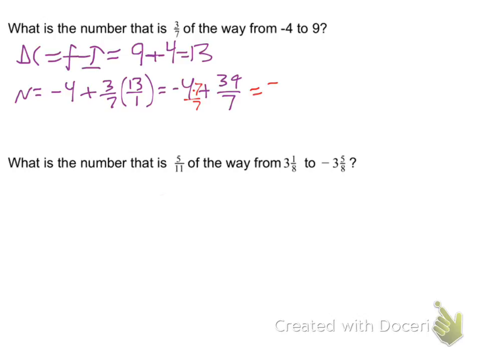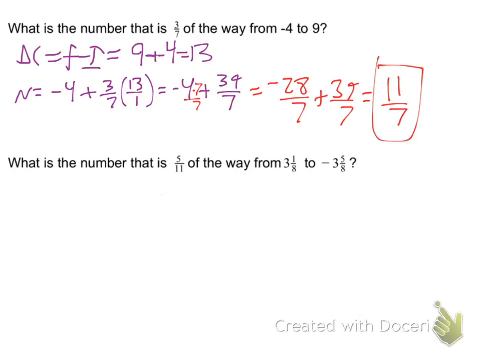So we get negative 28 over 7 plus 39 over 7, which is 11 over 7. So where am I standing if I end up going 3/7 of the way from negative 4 to 9? 11/7, or just over 1.5. Okay?